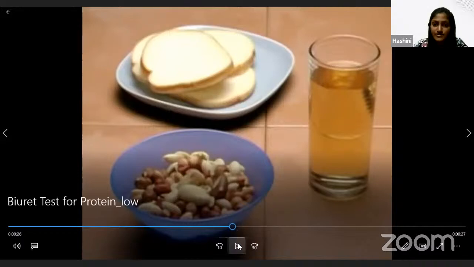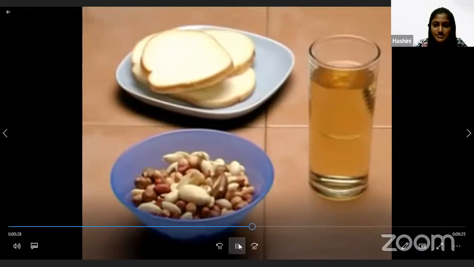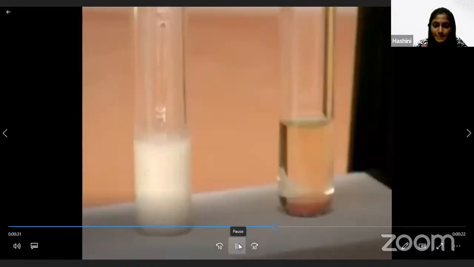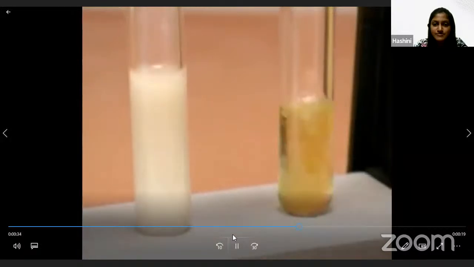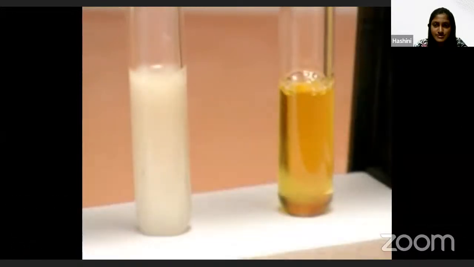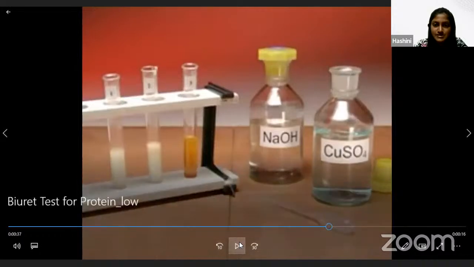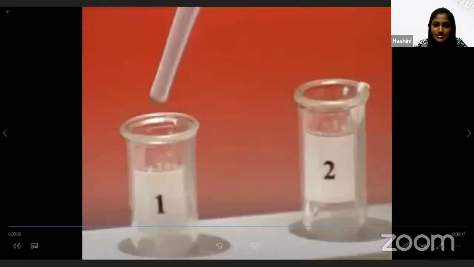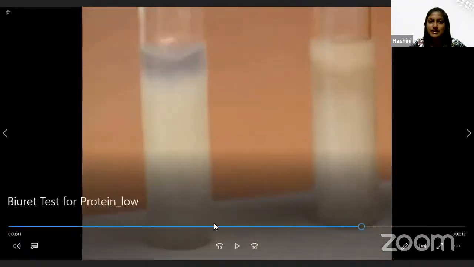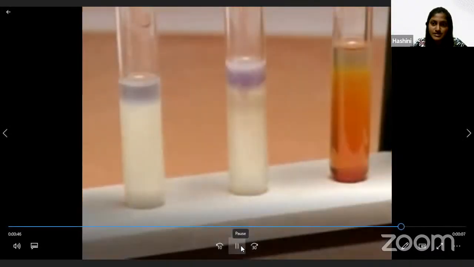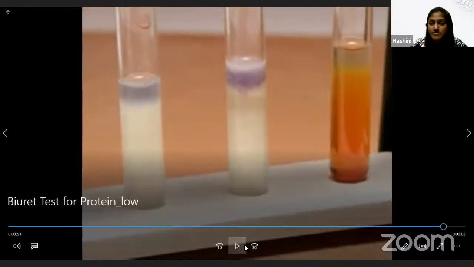So we will look at what happened. In the first test tube, we can identify they do not contain proteins, right?